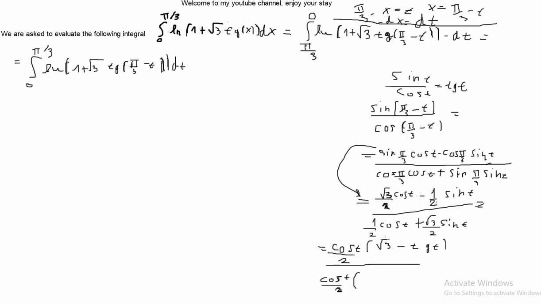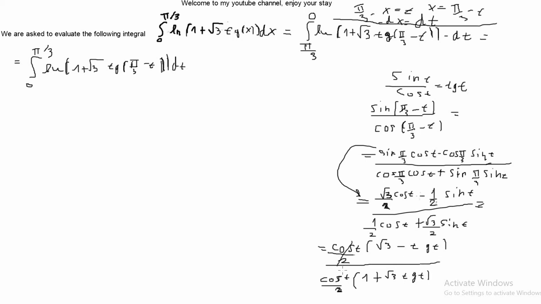Okay. What do we get here? We get simply 1 plus sine t over cosine t. So this is like tangent, but this is also square root of 3, so it's square root of 3 tangent of t.